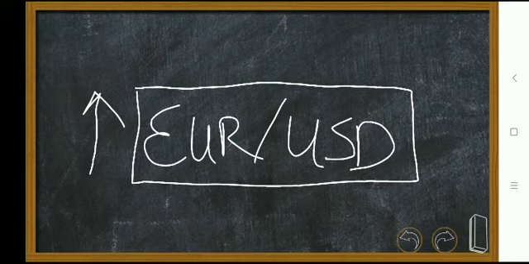Like the base controls the main movement of the entire pair. Yes, we might have an influence from the code, but then the direction of the base is the direction of the entire currency pair. So in this case, euro was the base, and if it's weak, we sell the entire currency pair.